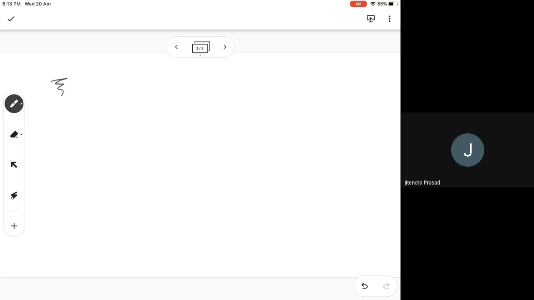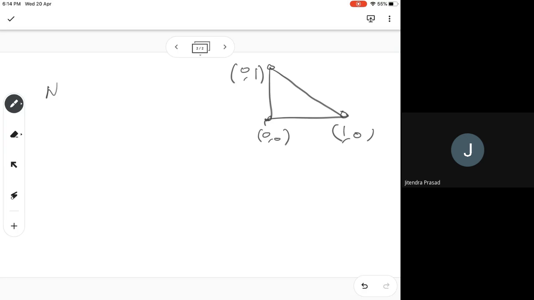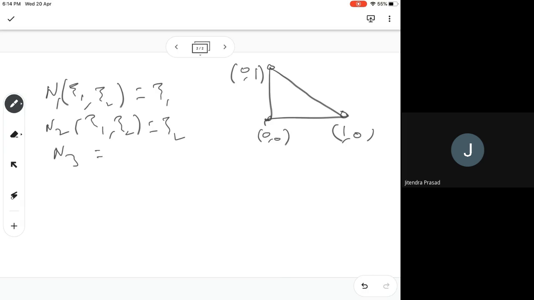So we are looking at a different way of solving the same problem. What we get is 0 0 1 0 0 1 and so on. And based on that, N1 of xi1 xi2 is equal to xi1, N2 of xi1 xi2 equal to xi2, N3 is equal to 1 minus xi1 minus xi2, which is straightforward.